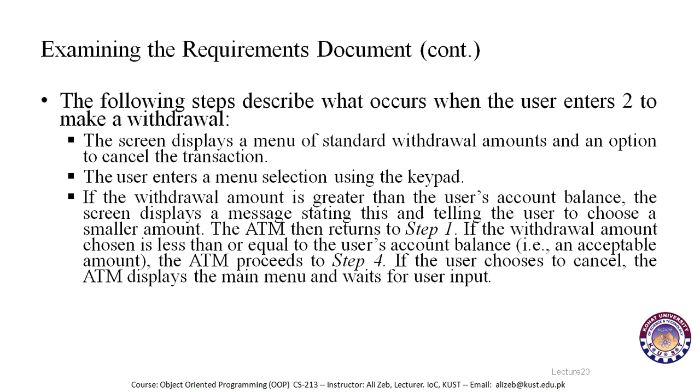The ATM then returns to step 1. If the withdrawal amount chosen is less than or equal to the user's account balance, an acceptable amount for example, the ATM proceeds to step 4. If the user chooses to cancel, the ATM displays the main menu and waits for user input.